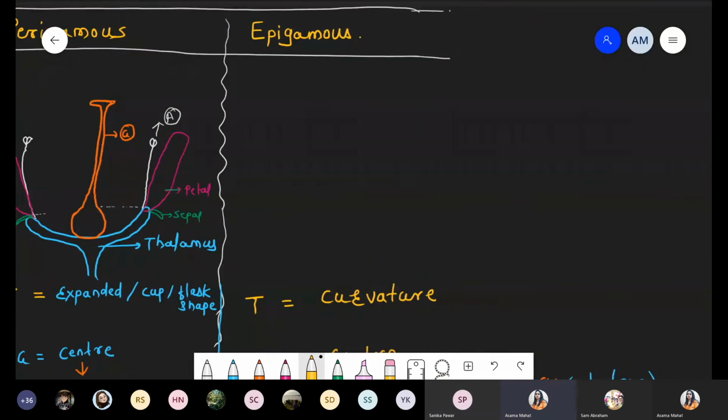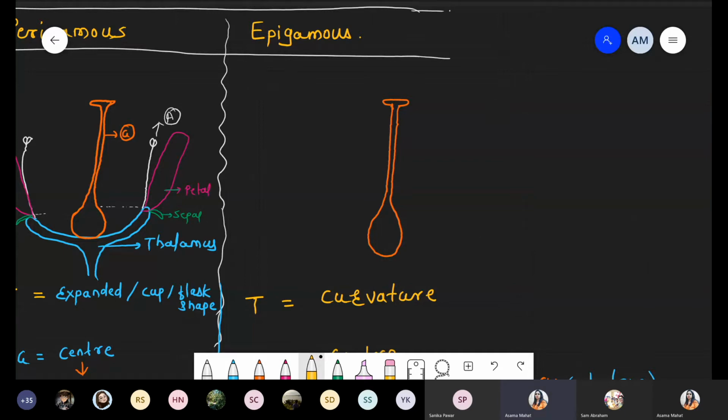So first of all, we have to draw the thalamus curvature. Okay, curvature. First of all, I draw the gynoecium structure. We are drawing the gynoecium first because the ovary is completely covered. Okay, these are the parts of this gynoecium.